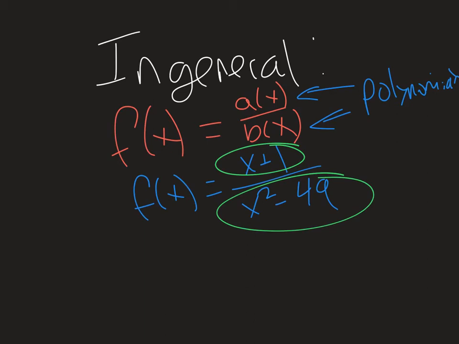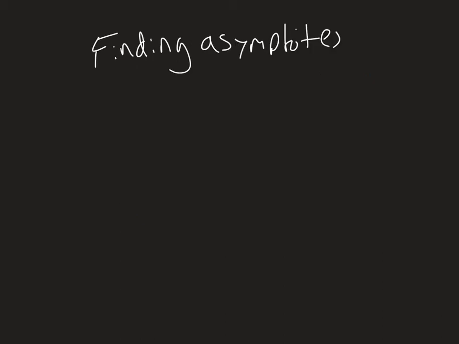Now, there are some key features, some characteristics that we can use our structure to find. So when we're talking about key features for these graphs, a lot of what we're really looking for is trying to find these asymptotes. We're trying to find these lines that they do not cross.